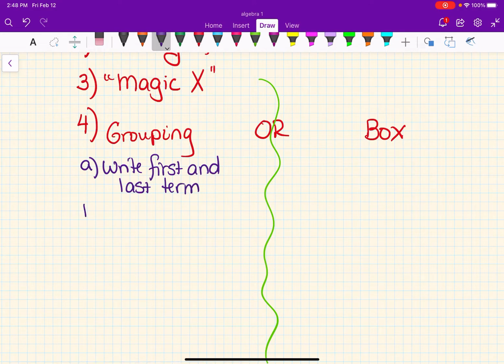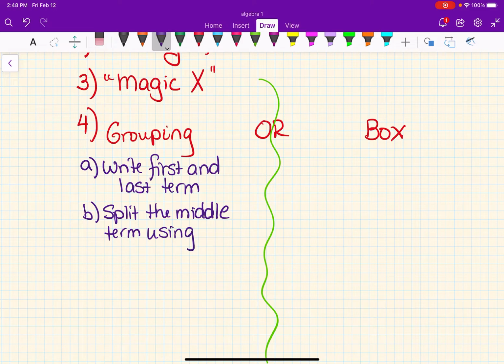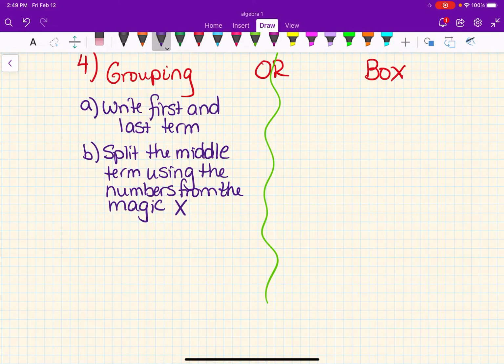The second step is to split the middle term using the numbers from the magic X. Now, sometimes the middle term is already split, and that's what we're going to see today a lot. The middle term has already been taken care of, so we don't need to use the magic X. And you'll see where we do sometimes need it, and sometimes we don't. Sometimes part of the problem's been done for us.